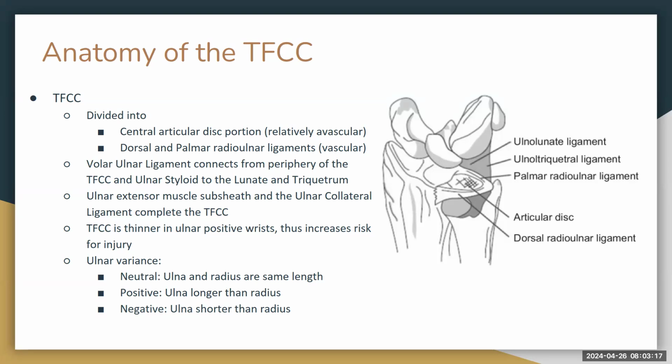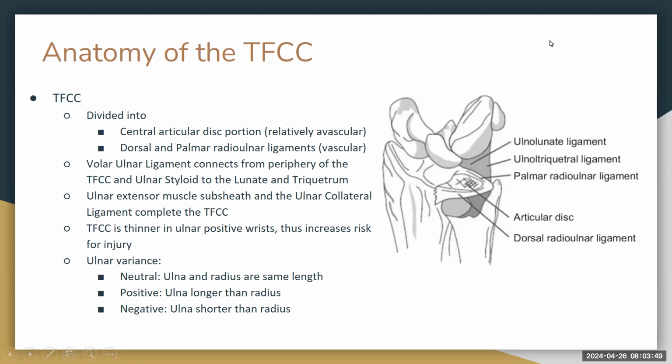Nice picture to the right here, but the volar ulnar ligament consists of the periphery of the TFCC and connects the periphery of the TFCC to the ulnar styloid, to the lunate and the triquetrum. The ulnar extensor muscle subsheath and the ulnar collateral ligament of the wrist complete the TFCC. Something that'll be important later, but the TFCC is thinner in ulnar positive wrists. Thus, it can increase the risk for injury.